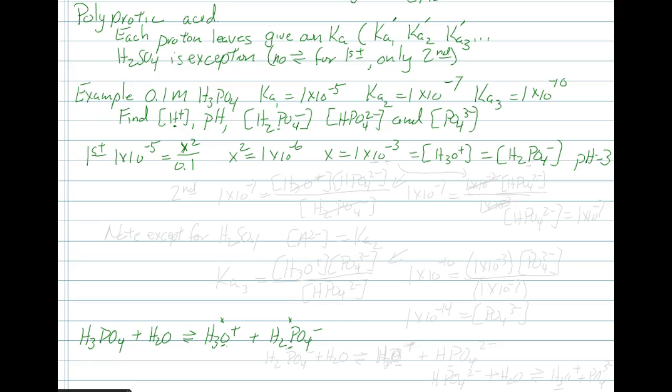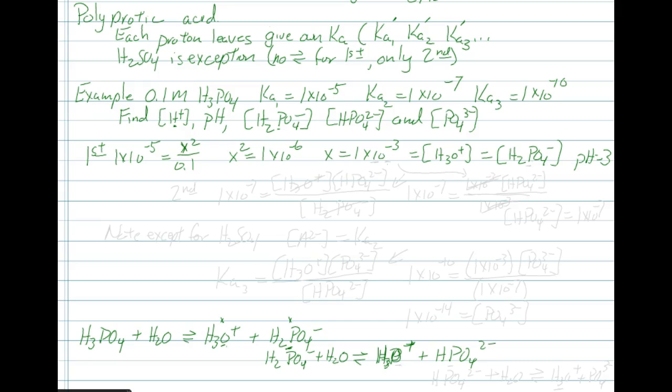The next equation, for the second ionization, you're starting with this stuff. H2PO4 minus plus water, liquid, equilibrium, gives you H3O plus and HPO4 2 minus.